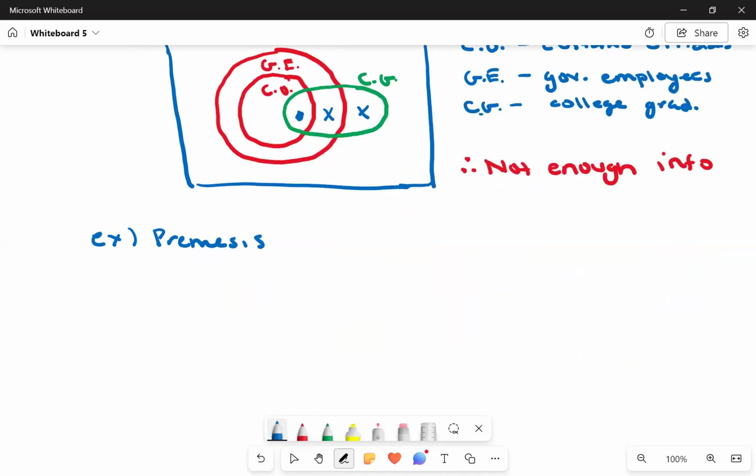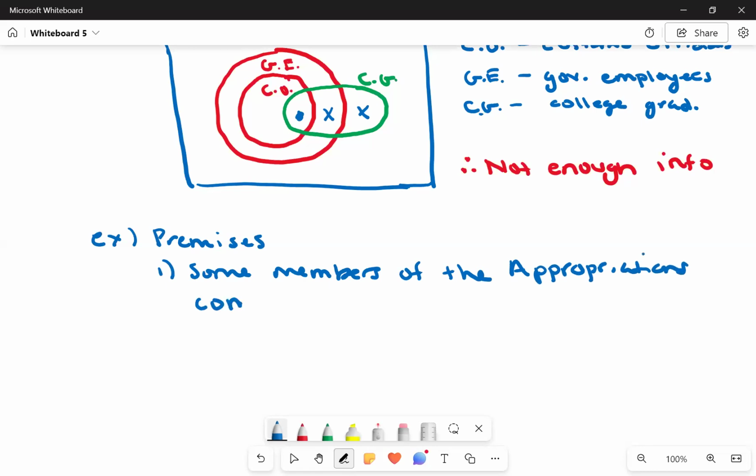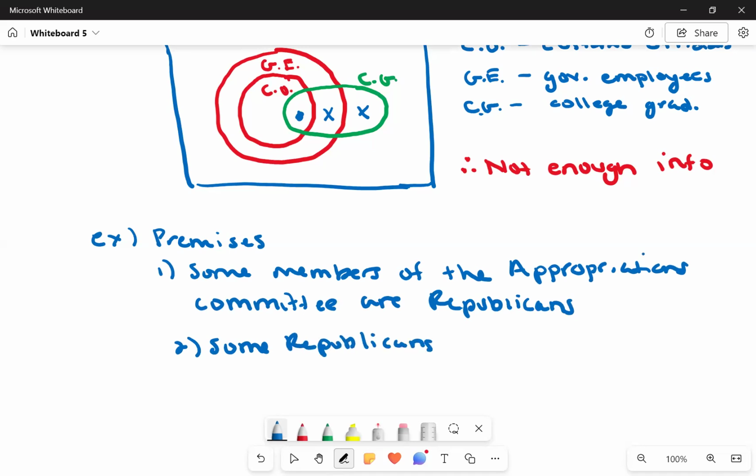Premises. Some members of the Appropriations Committee are Republicans. Second premise, some Republicans are on the Ethics Committee.